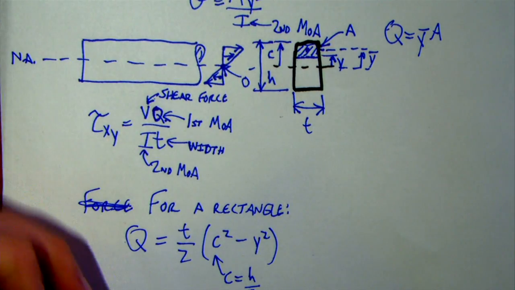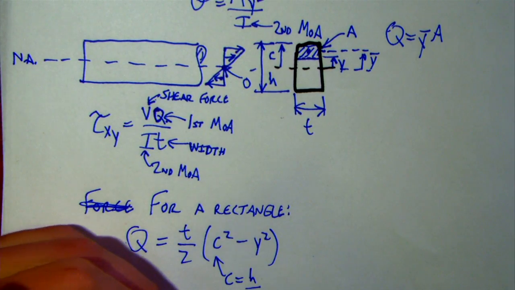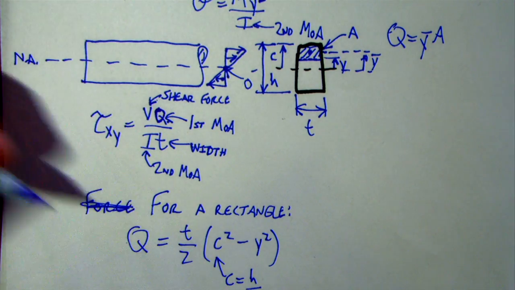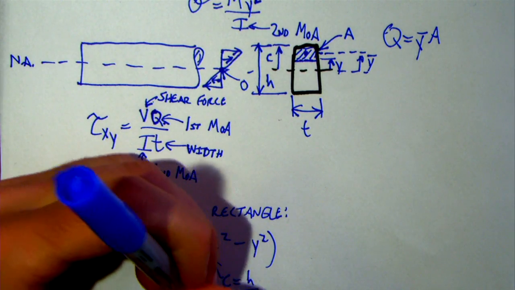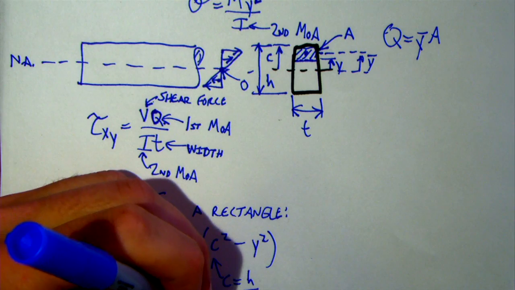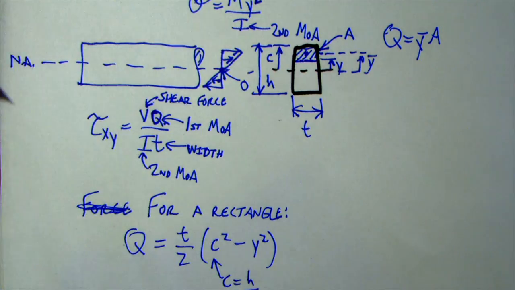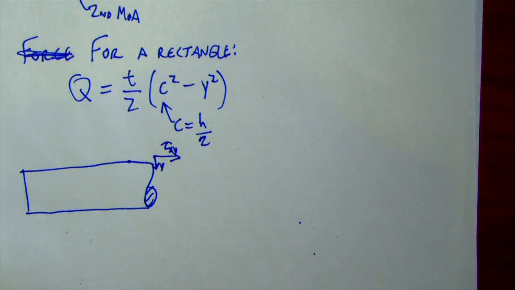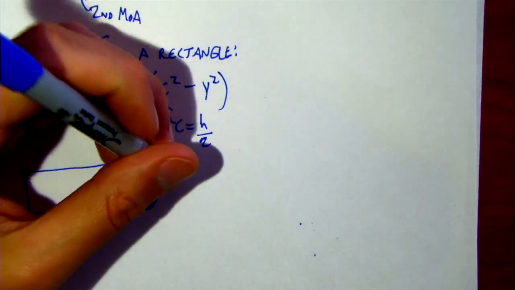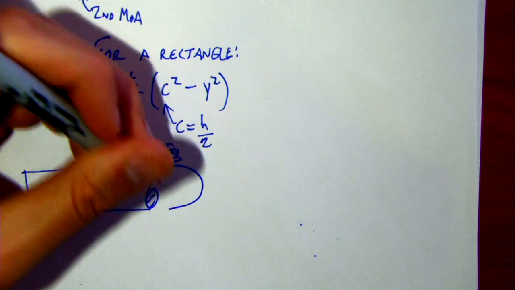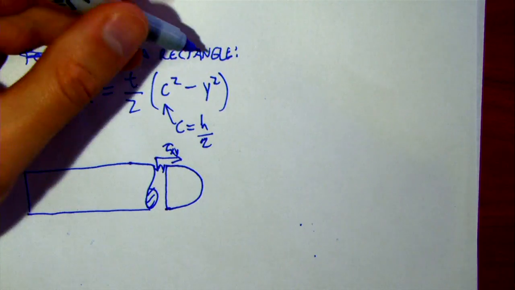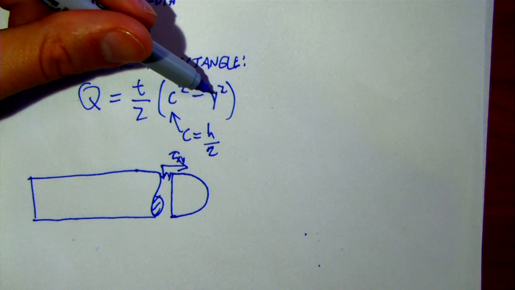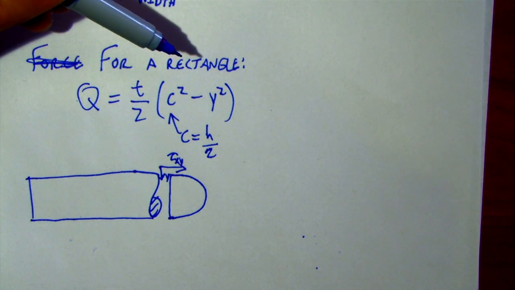So if we wanted to, say, plot variations in shear stress across a section, then we could say, okay, we're going to vary the value of y. I'll draw a little plot here where we say, okay, y is changing along like my vertical axis here, and plot shear stress is just going to the right, and I'd end up having a plot that looks something like this, because in this expression, t is constant, c is constant, y is the only thing that's changing, and it's changing according to its square.